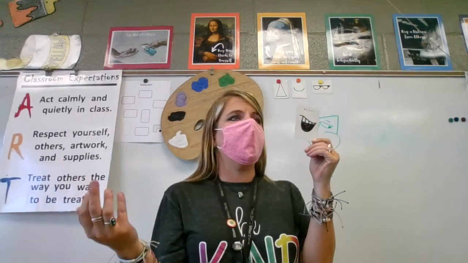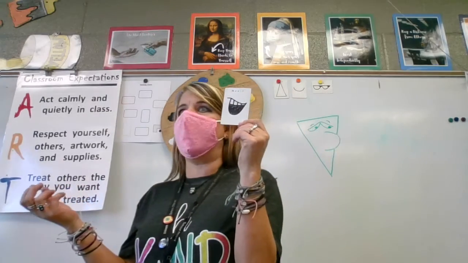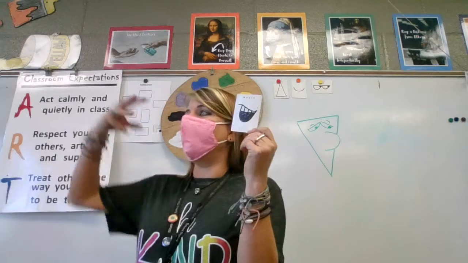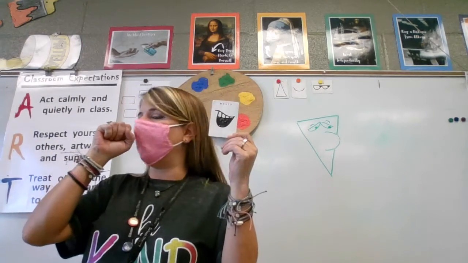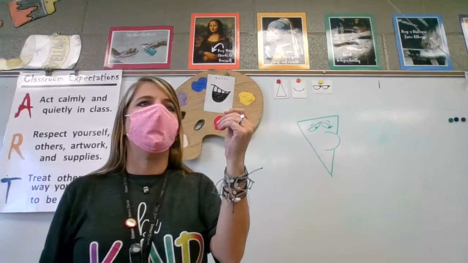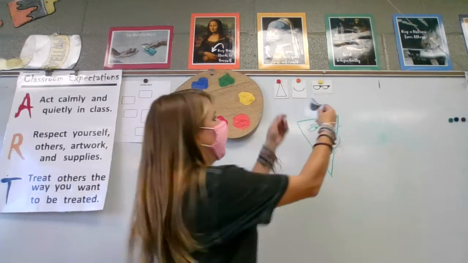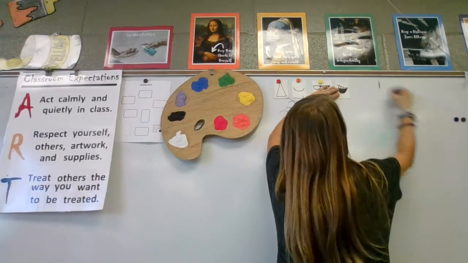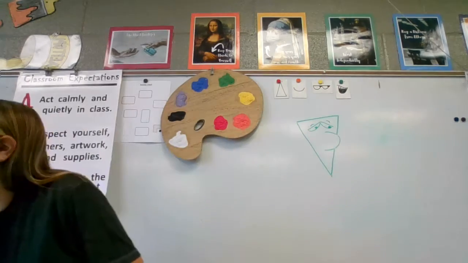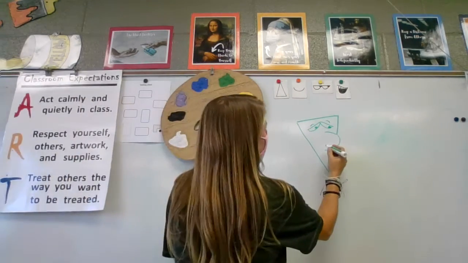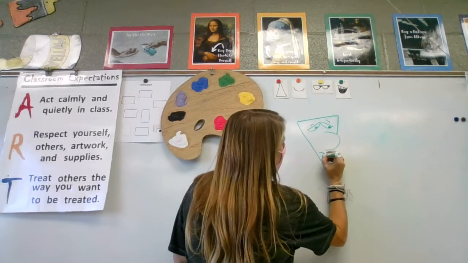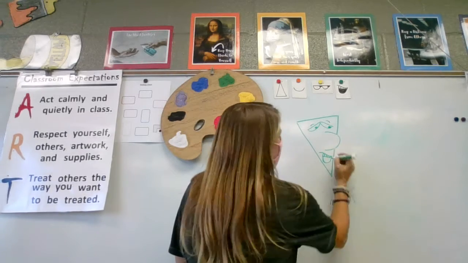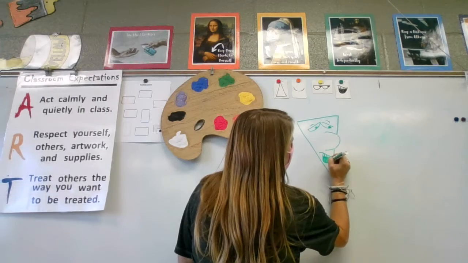So after you draw your character, some of the details you could add might be music notes coming out, or a speech bubble, or maybe they're holding a microphone, singing on stage. So there's a lot you can do with that particular mouth and your character. Just do the best you can with that one. Remember, you can make them really small, or you can make them really large. That's up to you.